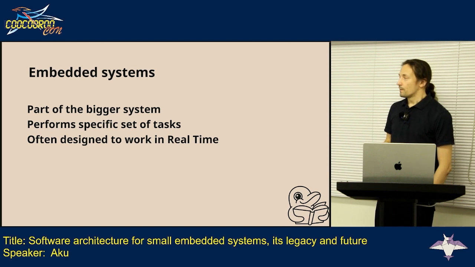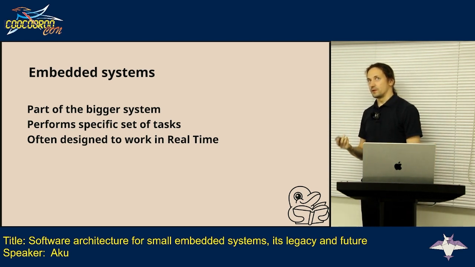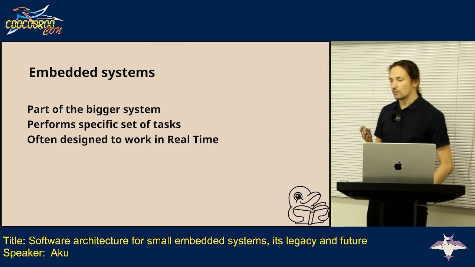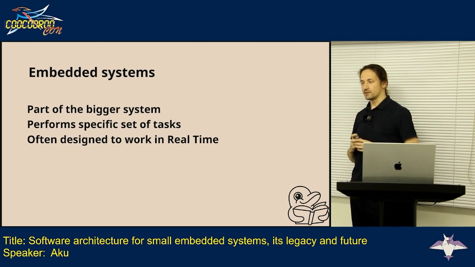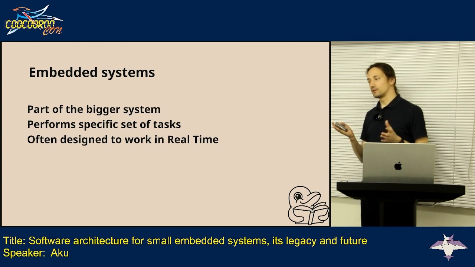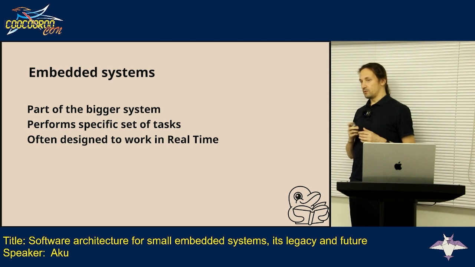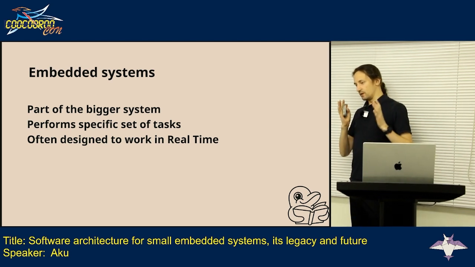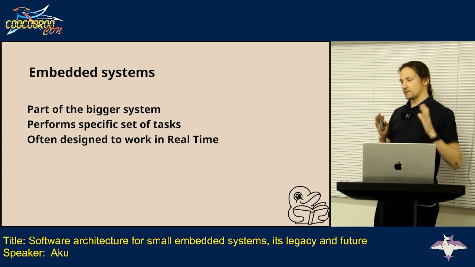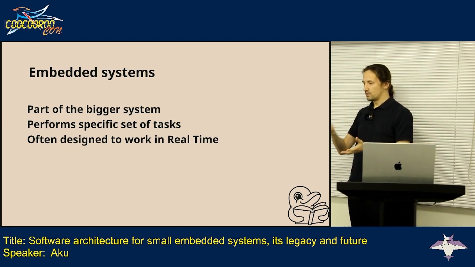When we're talking about embedded systems, it's usually part of something bigger. It usually performs one specific task, and because of that it doesn't have to be as flexible as general computers. For example, your desktop PC has all additional buses to extend it, replaceable memory, and usually more resources than you actually need.